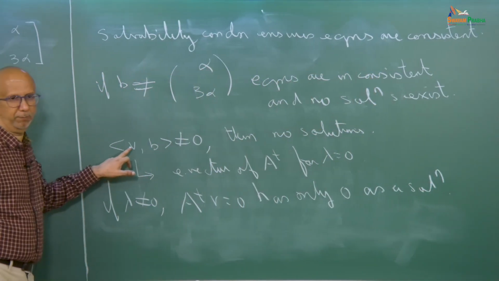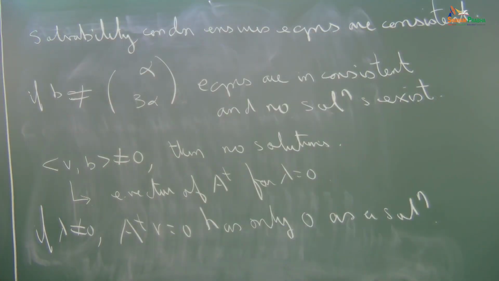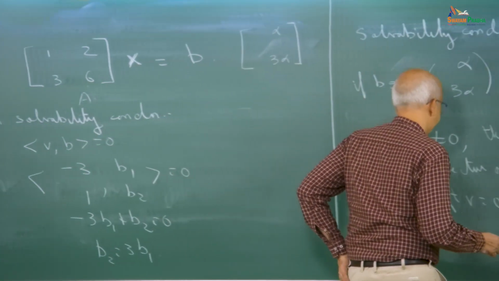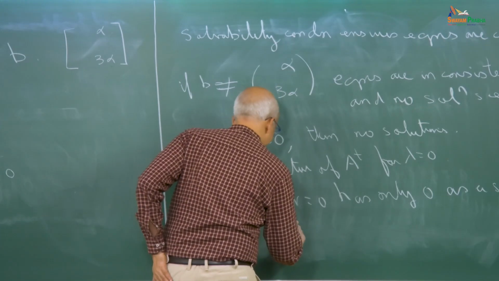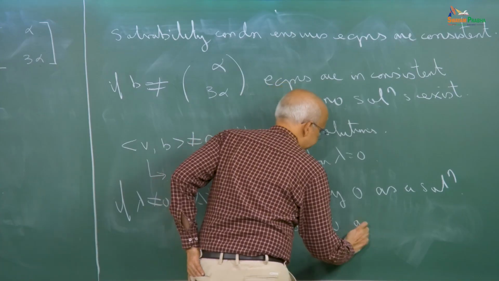So, of course, the inner product of 0 with any B will be 0. Then the solvability condition is automatically satisfied, because V is 0, so the inner product of V with B is 0 always.